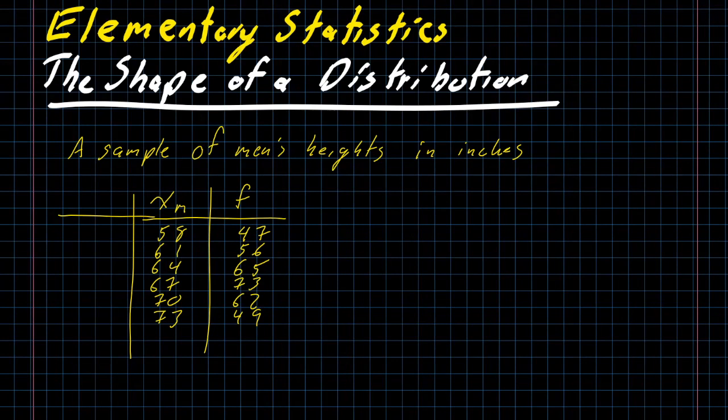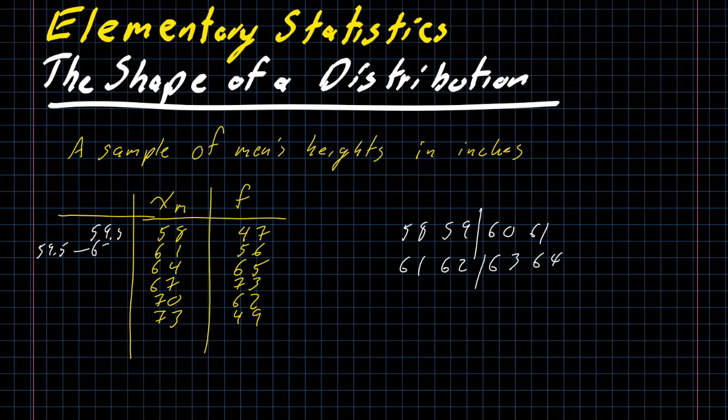So if I have a midpoint of 58 and a midpoint of 61, well, the middle between those is between 59 and 60, and between 61 and 64, looks like 62.5 was the midpoint there.